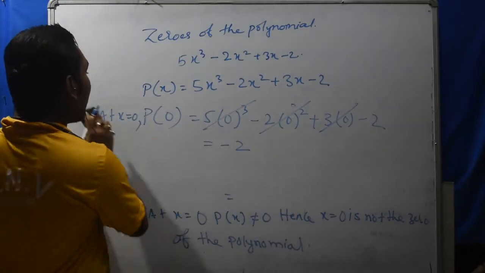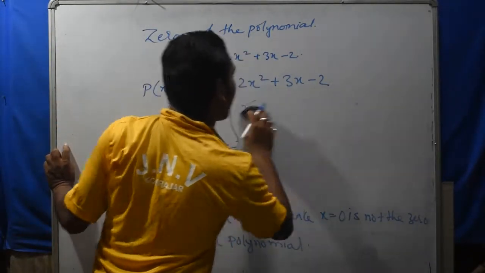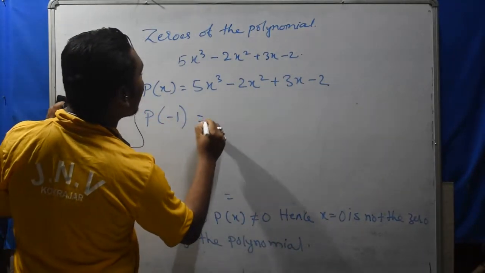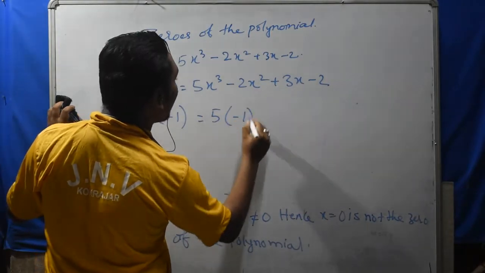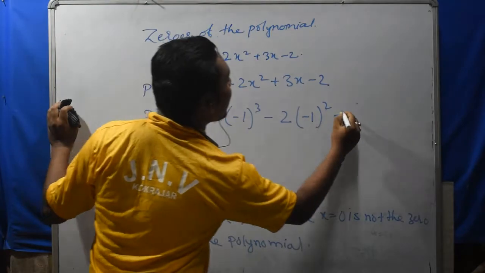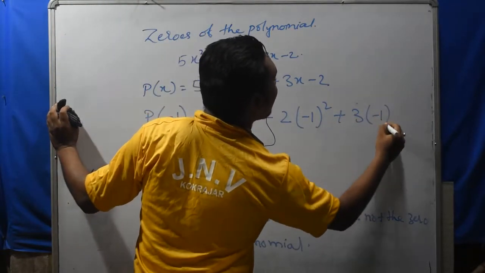Now let us check for minus 1. p(-1) becomes 5 into (-1) cube minus 2 into (-1) square plus 3 into (-1) minus 2.